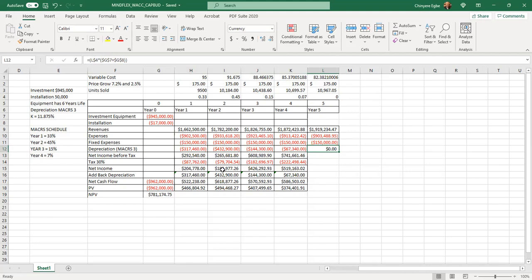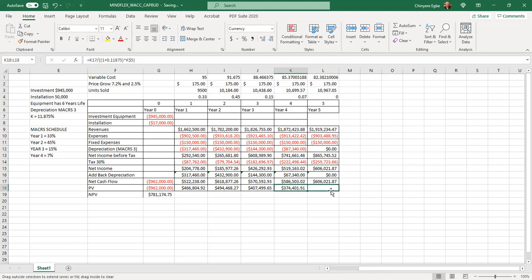You add back depreciation. Let us take that to the end, as a tax. We add back depreciation, and that will be the net cash flow.